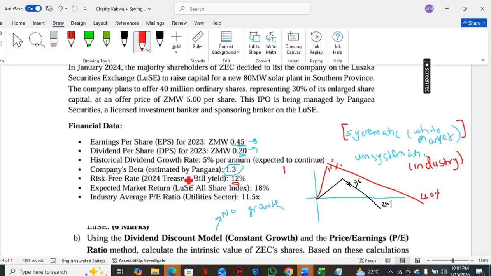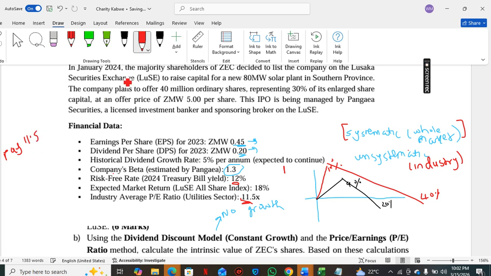Then you've got the industry average price to earnings ratio. The price to earnings ratio compares how much you pay for a share with how much you're going to earn for that share. So a price to earnings ratio of 11.5 kwacha means you're willing to pay 11.5 kwacha for a single share.